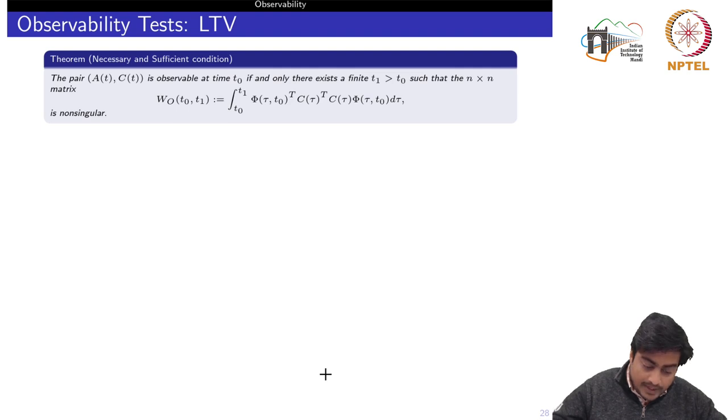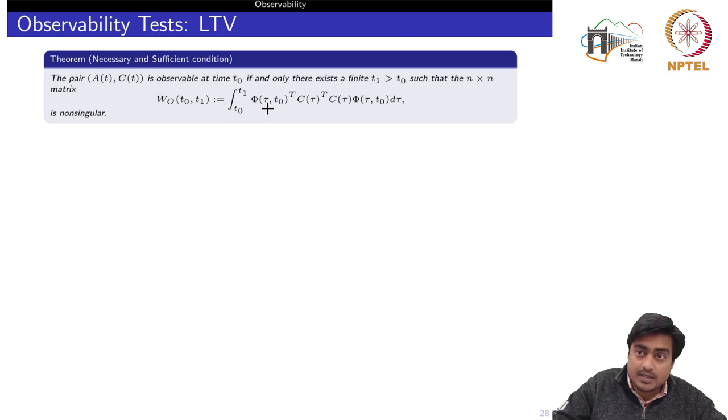Now talking about the LTV systems, this is the same result we had seen earlier: this W_O matrix should be non-singular, either for the LTI system or for the LTV system. But in the controllability week, we had seen that for the time varying system, it is a bit difficult to compute the observability Gramian. Why? Because it requires the computation of the state transition matrix.